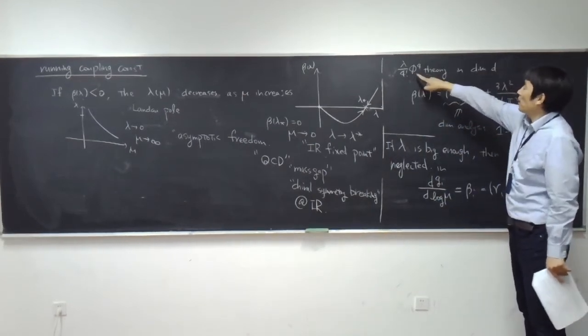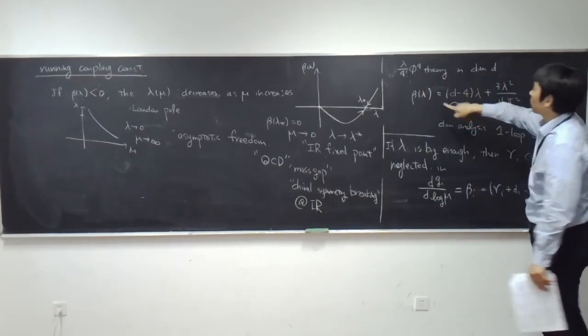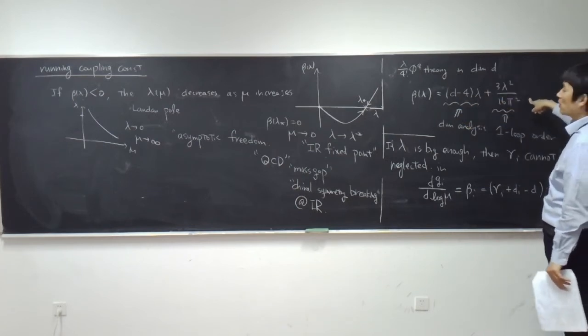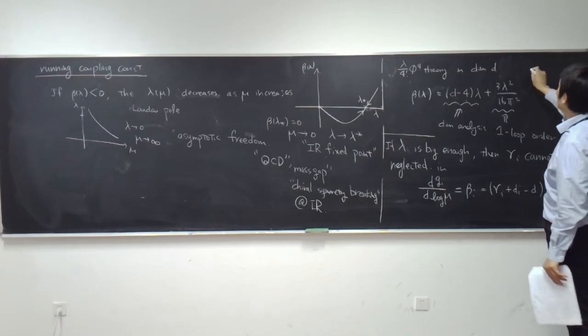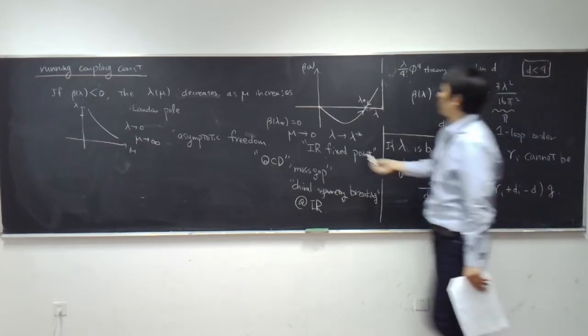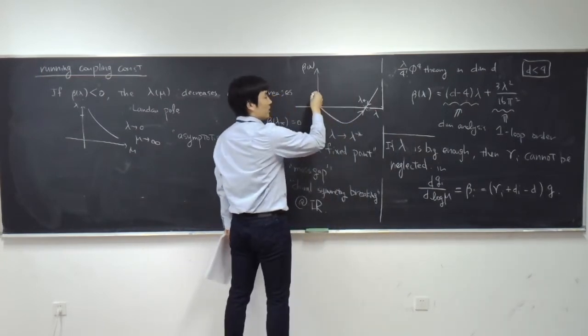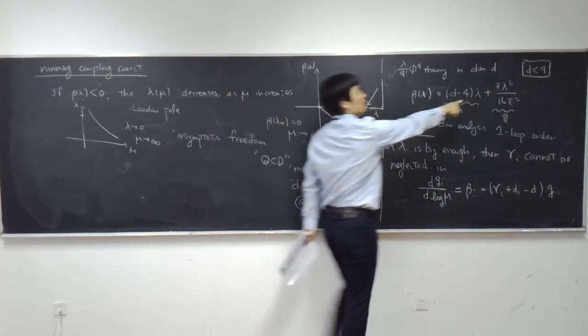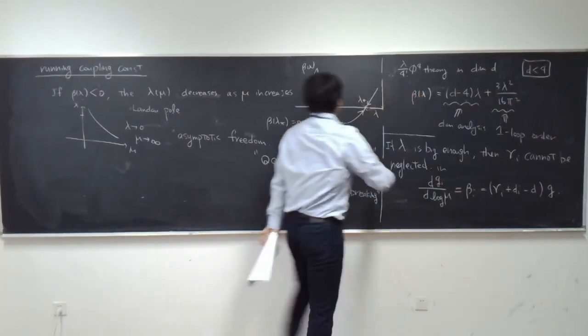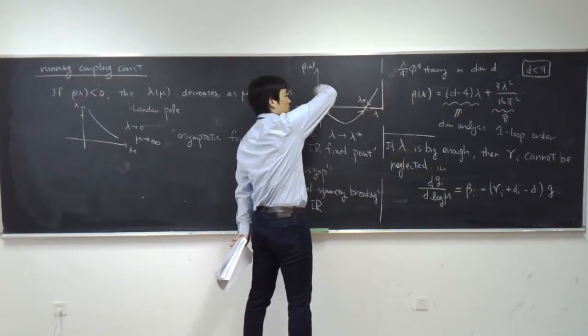This is one of the examples: phi-four theory, and the coupling constant lambda in dimension d behaves this way. When d is less than 4, when lambda is small enough, this is sublinear, so it decreases by linear order.